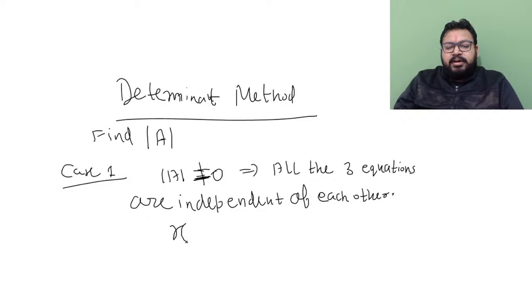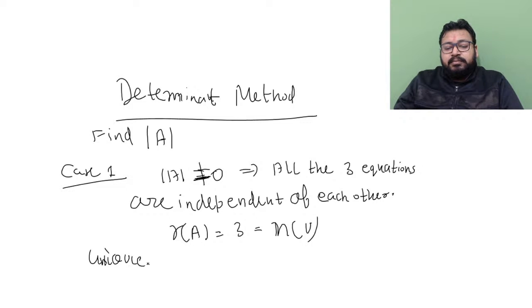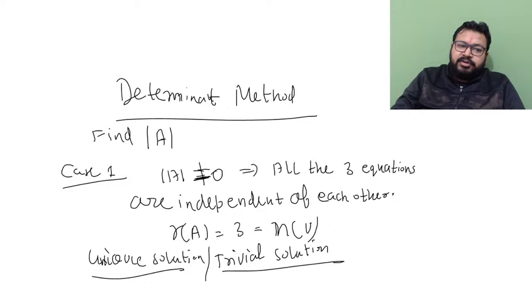Or in short, the rank of the matrix is 3, which is the same as the number of variables. And that's why we are getting a unique solution. Or trivial solution. Unique solution and trivial solution.